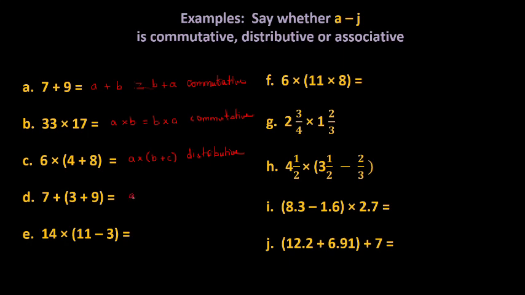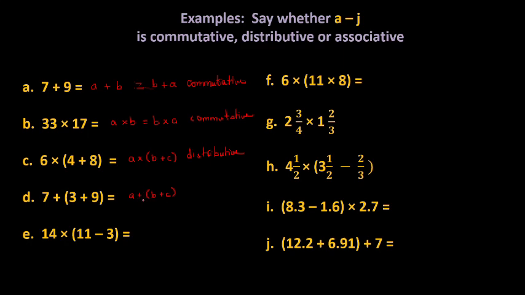We have A plus open brackets B plus C. Again, we just substitute in the numbers with letters so we can see if it matches something. So this now is not this up here because this is an addition sign.